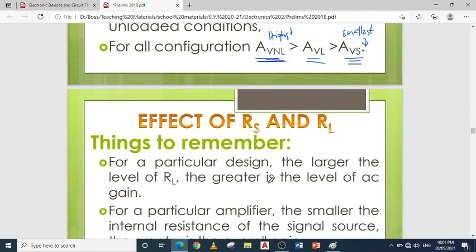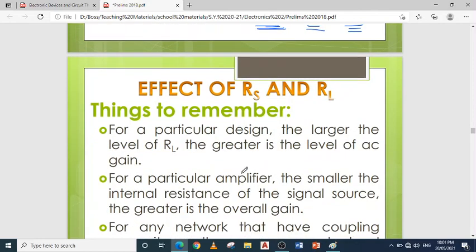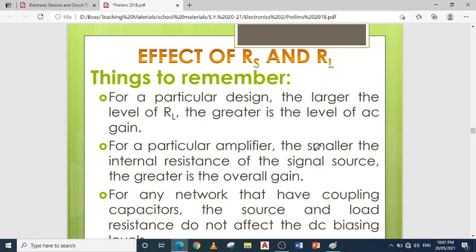Okay? And in addition, for a particular design, the larger the level of RL, the greater the level of AC gain. Okay? So, paano ba to? Take note that, di ba ang AV natin, since may RL yan, so AVL, di ba? Usually, VO divided by VI. Ito yung general formula for gain.